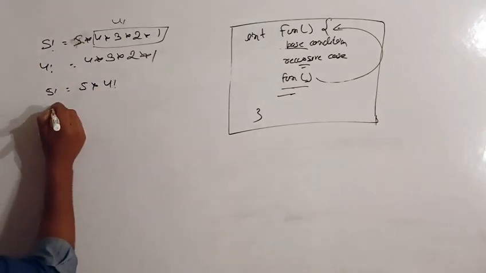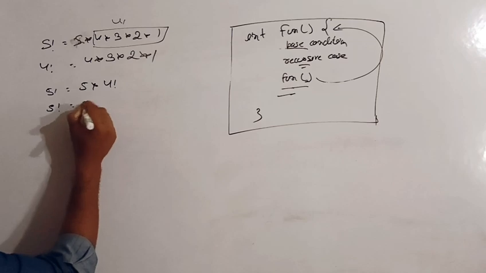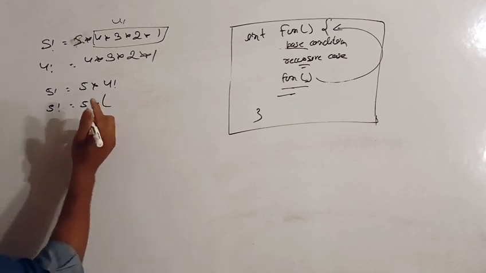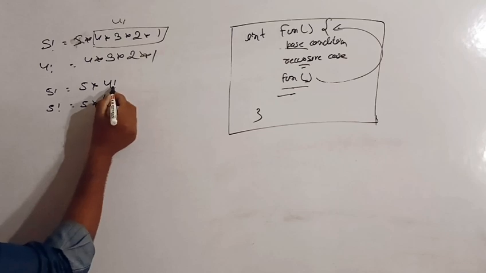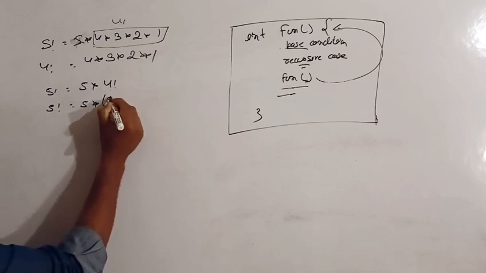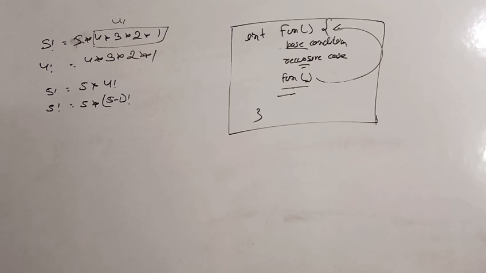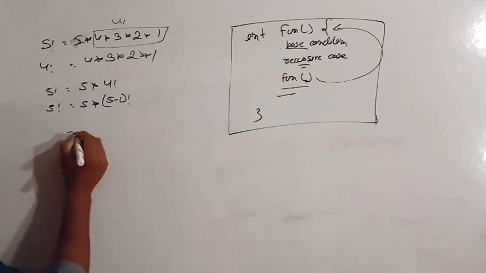Now here 5 into factorial of 5 minus 1. If we have to find it for any given number n, what will we write here?